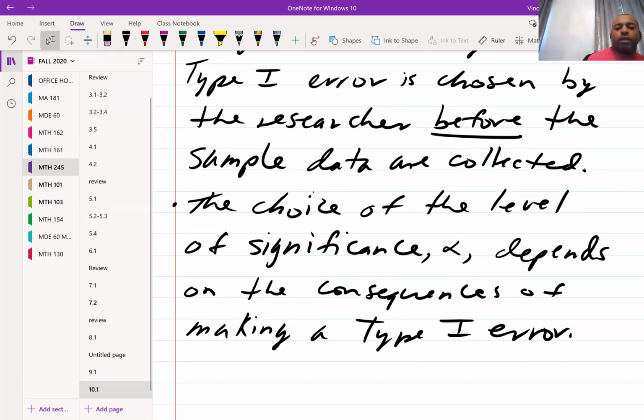So the choice of the level of significance, alpha, depends on the consequences of making a type 1 error.